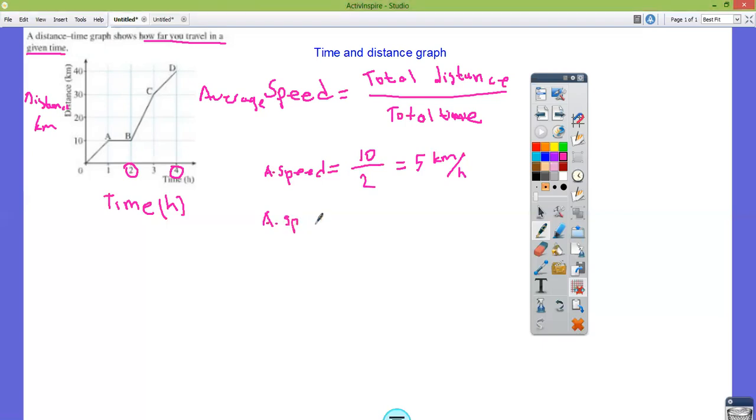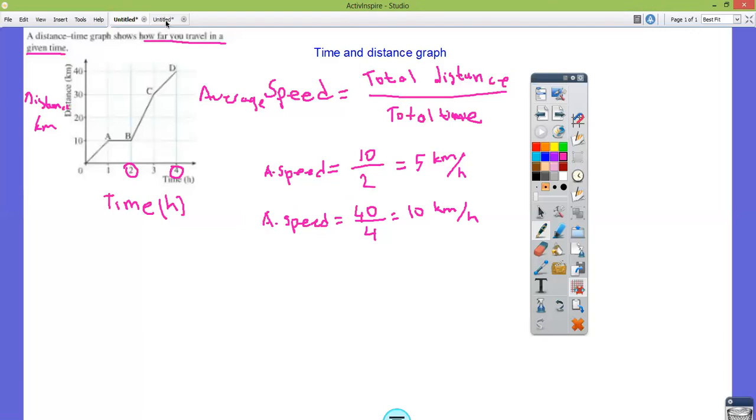The distance, how many kilometers did he go? 40 kilometers, in 4 hours. 40 divided by 4, 10 kilometers per hour. Is it okay? That's why we call this average speed. Any question? No.